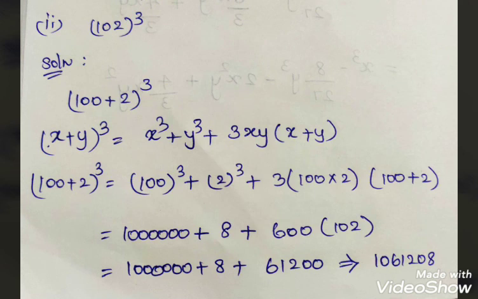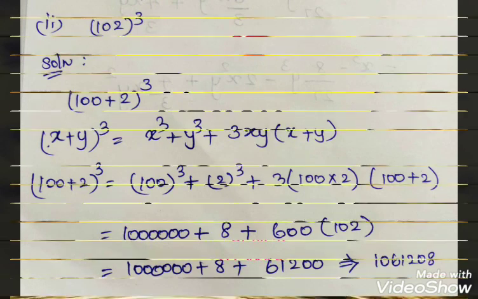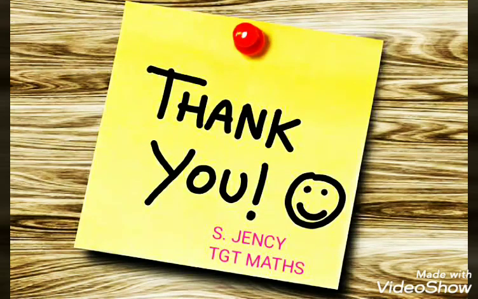Simply we are adding everything. Here once you multiply 600 into 102, you will get 61200. Then if we add, what are we getting? 1061208. Is it clear? Simply we are substituting the value of x and y.